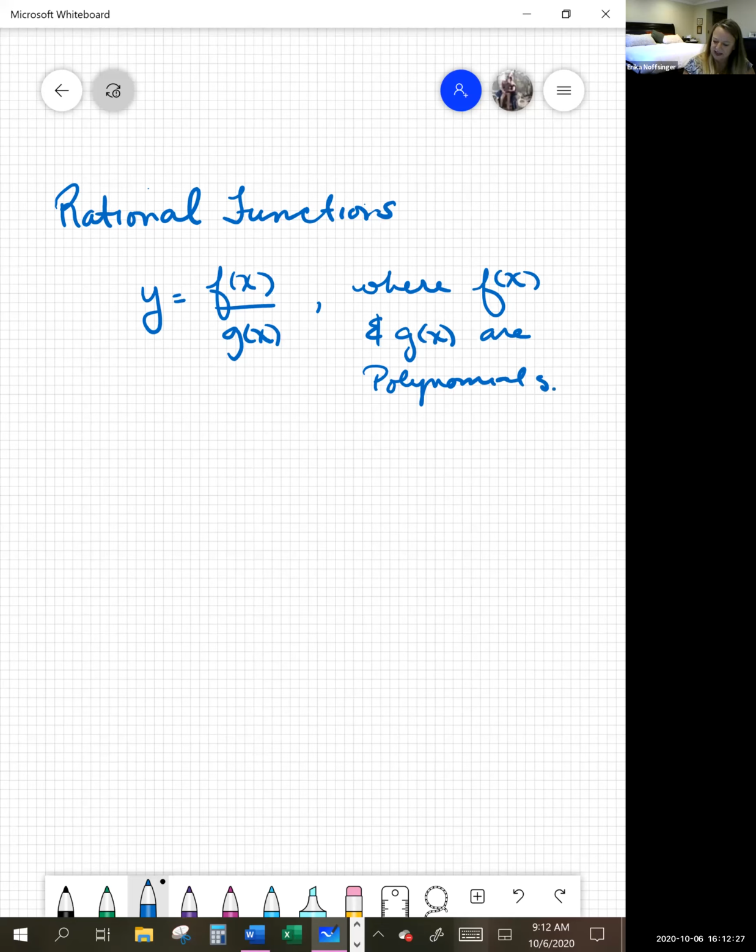And we have to say that g of x cannot equal 0.